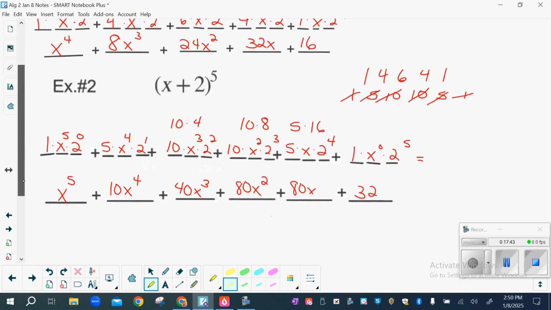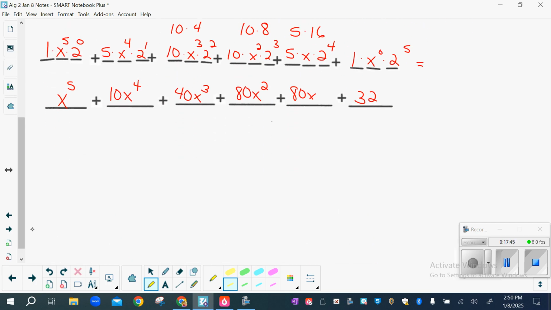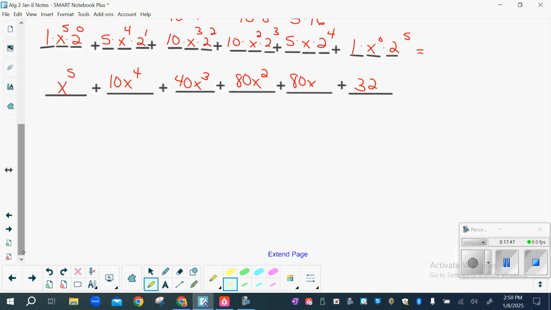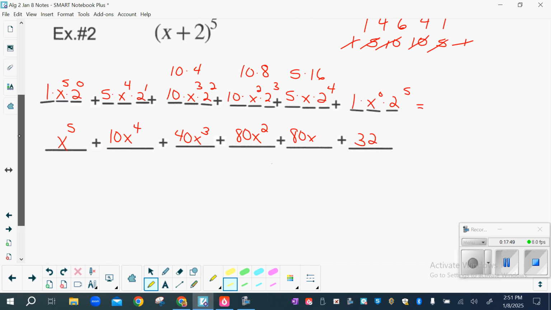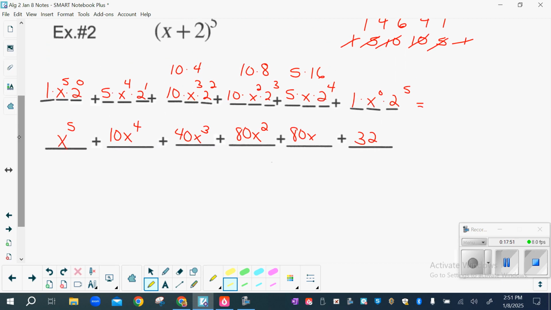Last one, example 3. I want you to do example 3. Is there anybody that's still looking at this here? I want you to do example 3 on your own.